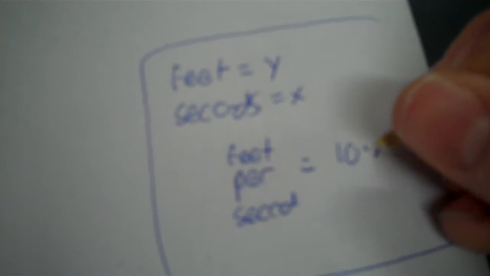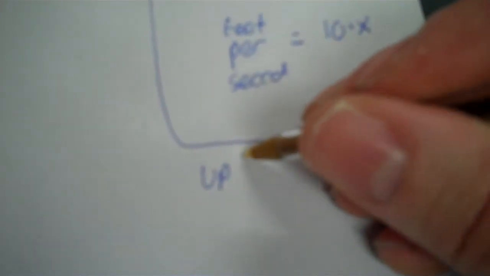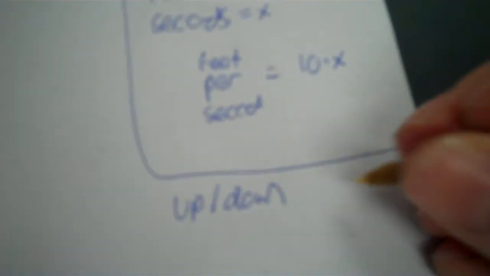Feet per second looks like 10 times x. Again, that spittle bug is pulled up and down by the force of gravity. So that's negative 16.